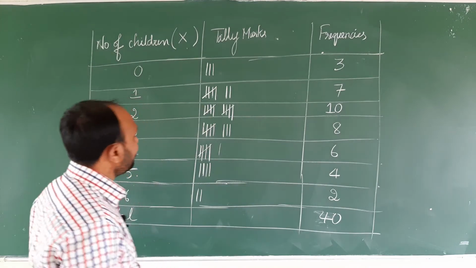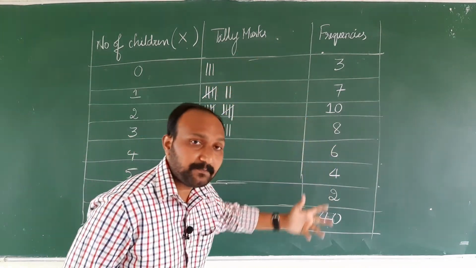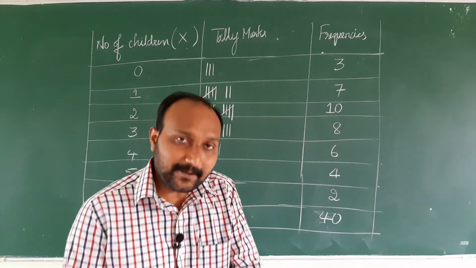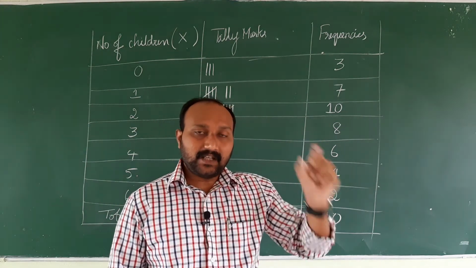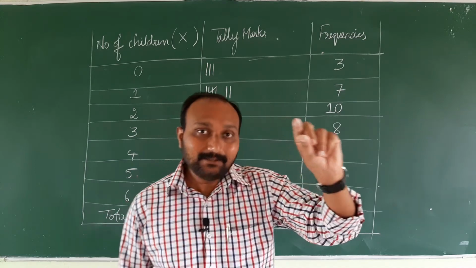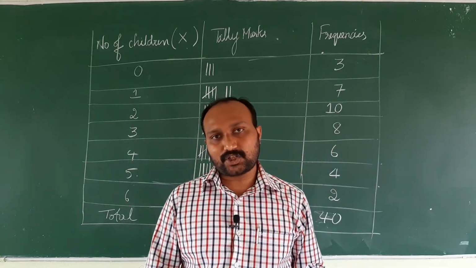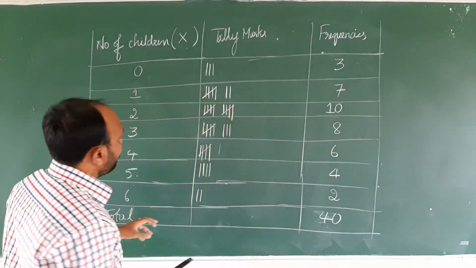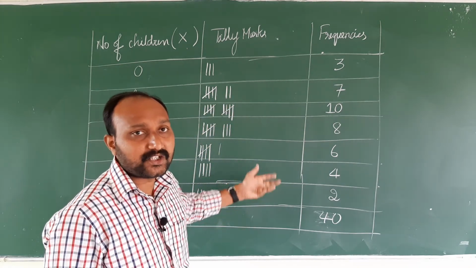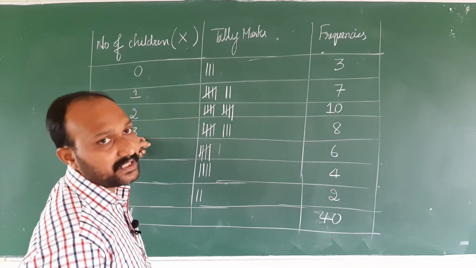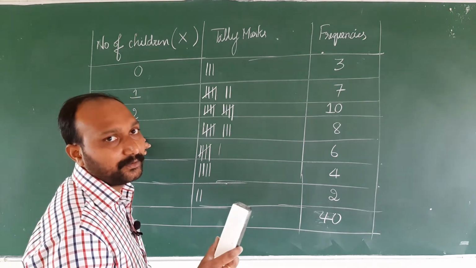Okay, and here what type of frequency distribution is it? It is a discrete frequency distribution table. What do we mean by discrete? The variable will pick a value in the given range. Please notice here, I have recorded the values. For example, a family may be having only 3 children. So I have recorded against the variable 3 only one value.